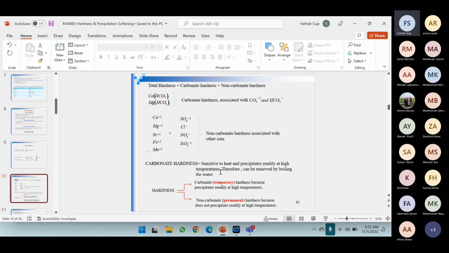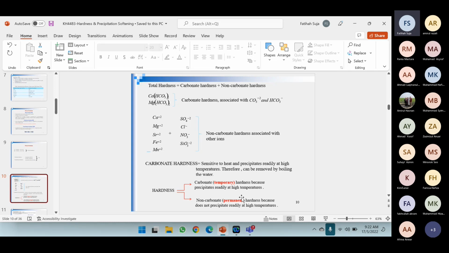So they can be removed by boiling the water. That's why they are called temporary hardness, because they precipitate readily at high temperatures. Non-carbonate hardness is permanent hardness because it does not precipitate readily at high temperature. That's why you need different kinds of treatment for permanent and temporary hardness.